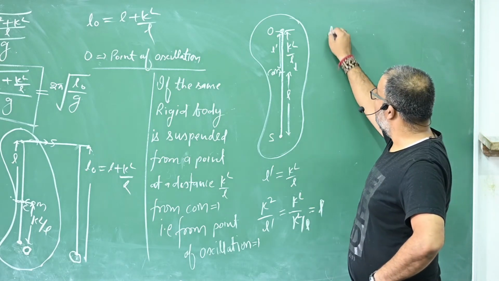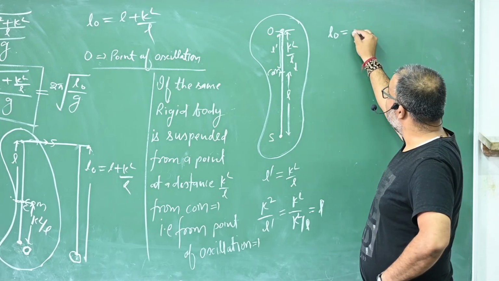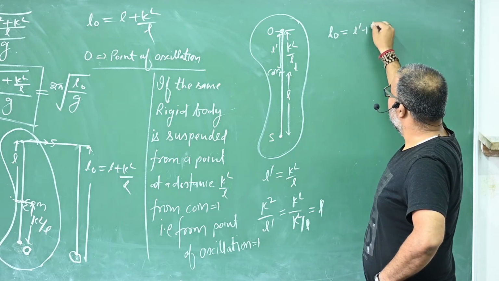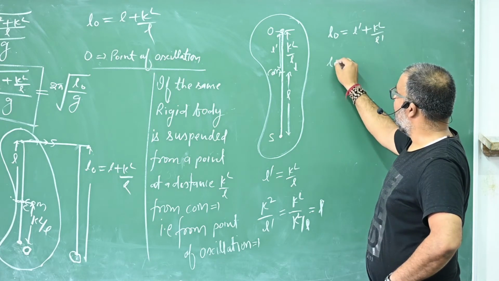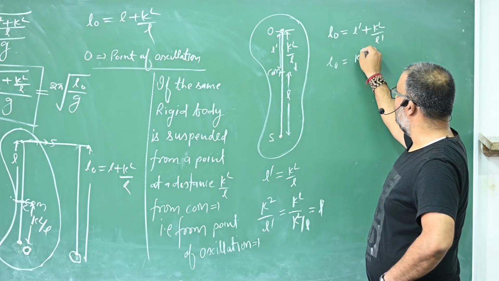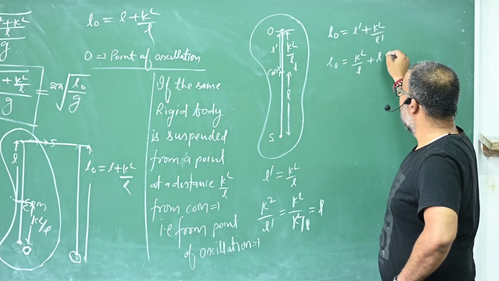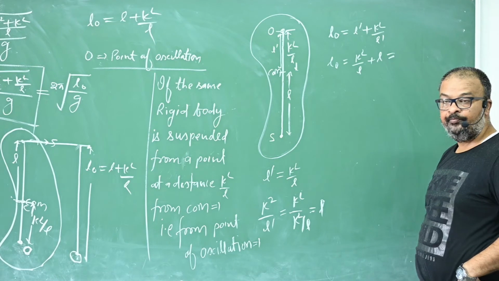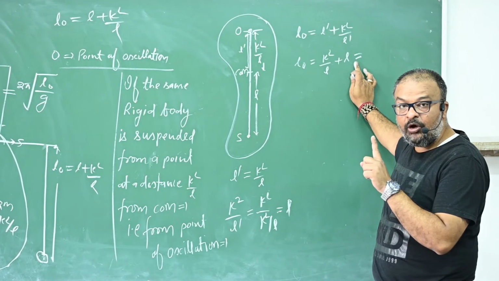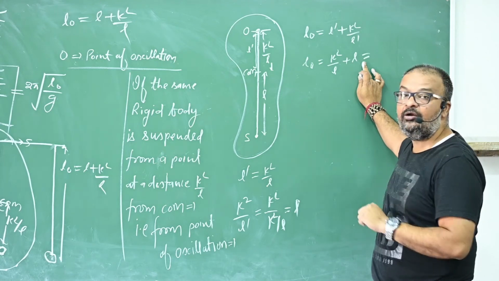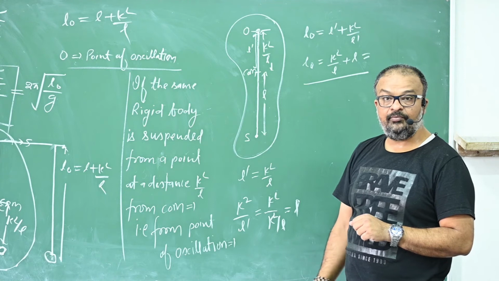And what will be the equivalent length of this compound pendulum to the simple pendulum? That is equal to L dash plus K square by L dash. So this L naught is L dash, which is K square by L, plus K square by L dash, which is L. So it is equal to the equivalent length of the compound pendulum to a simple pendulum, and it is the same as the previous case.